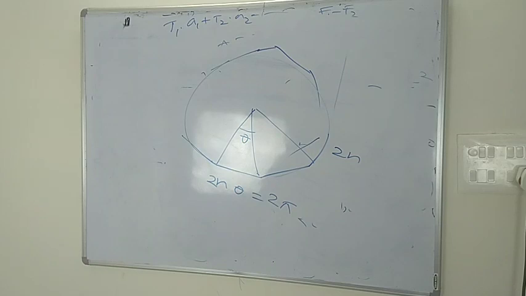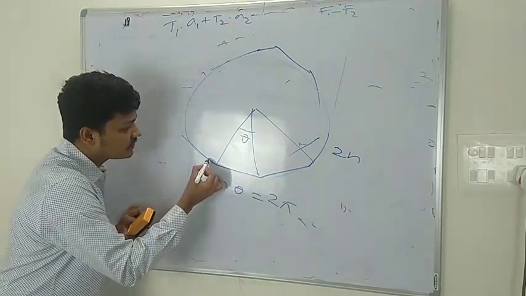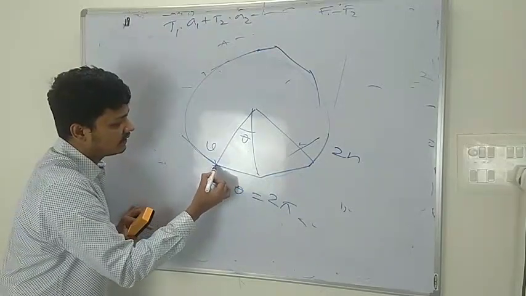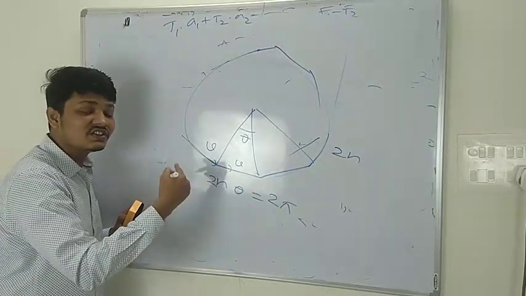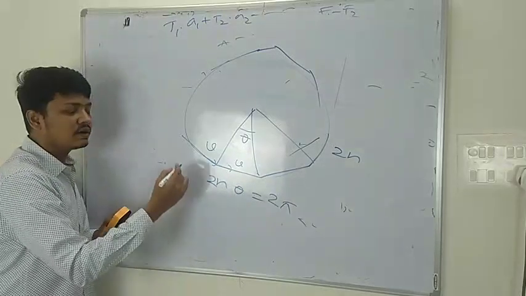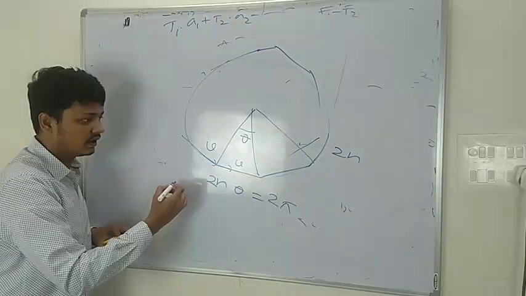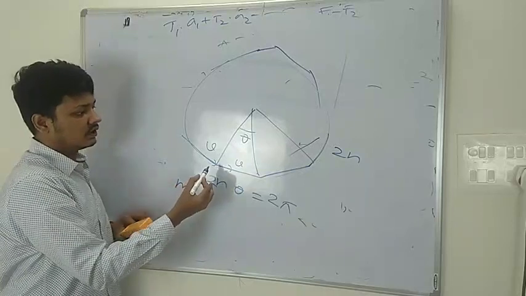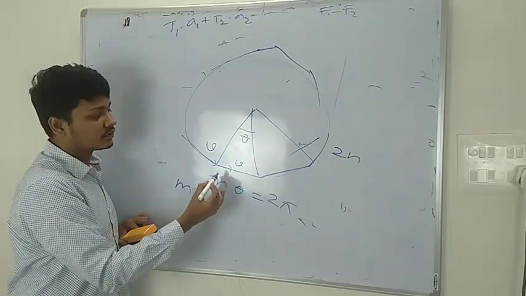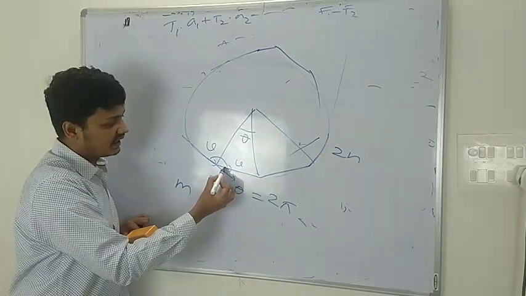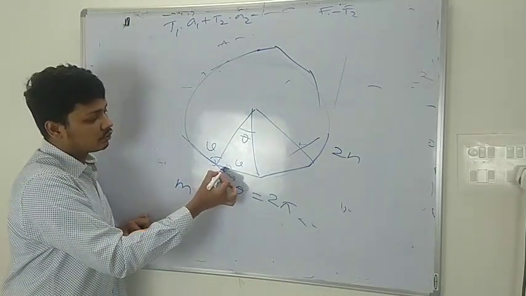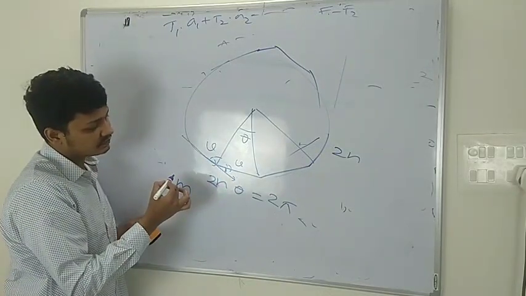Then impulse applied: this is your speed v and this is your speed v. So impulse is change in momentum, so m times change in velocity. To calculate the change in velocity, what is this angle? Initially it was going like this and now it is going like this.